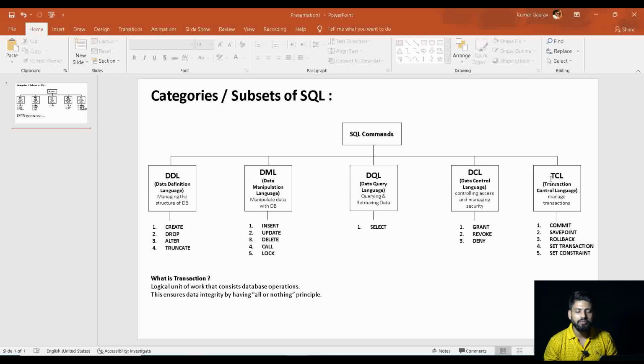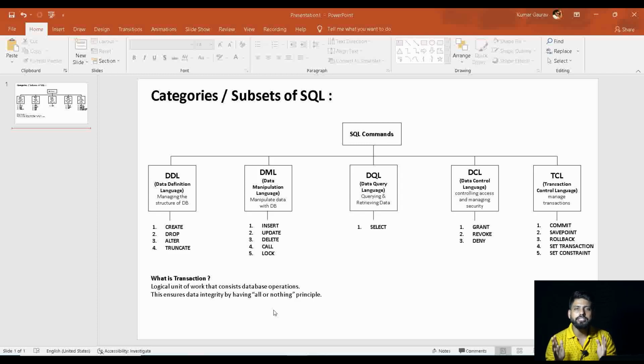After that, the last one is the transaction control language. In this category we have the operations related to transactions. Now the question comes, what even is a transaction? It is a set of works, or you may say a logical unit of work. That means whatever queries you write, they are written as a whole chunk.